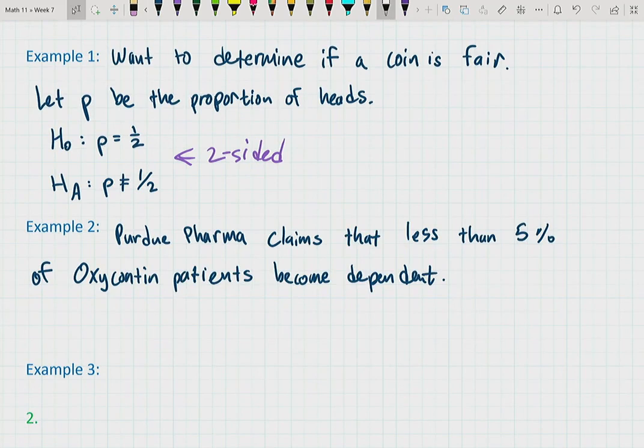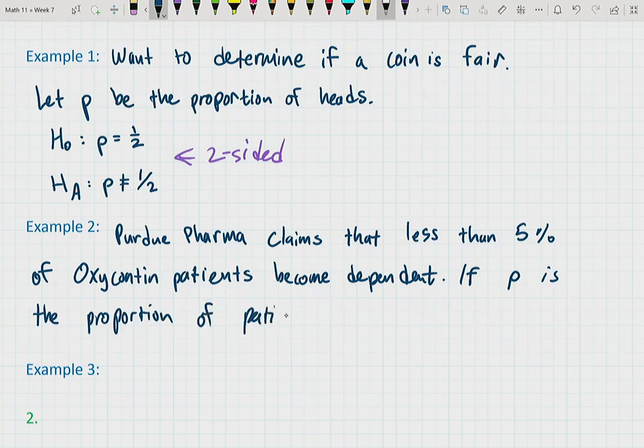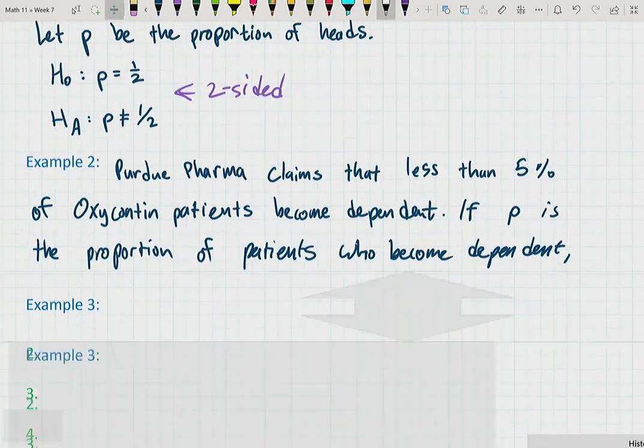Supposing that P is the proportion of patients that become dependent, then we can phrase this as a one-sided hypothesis test as follows.